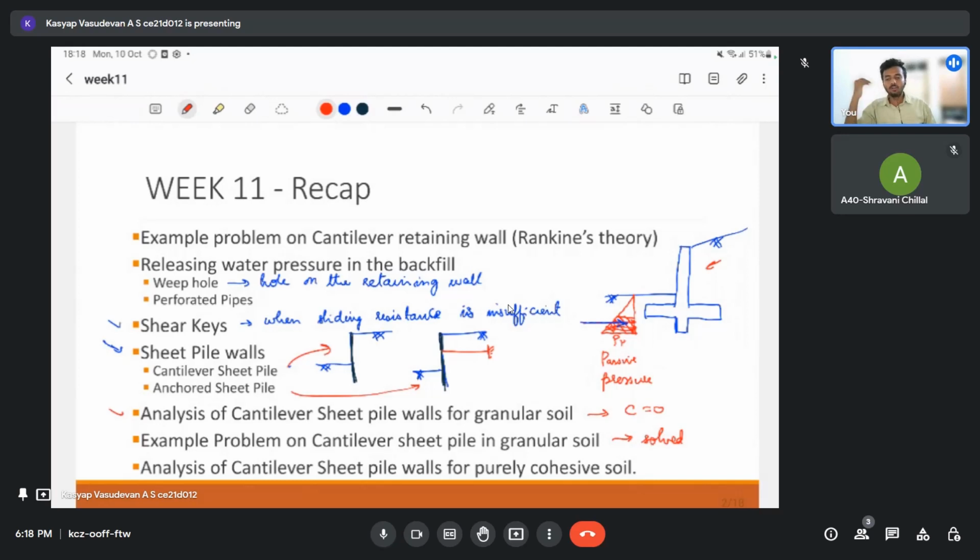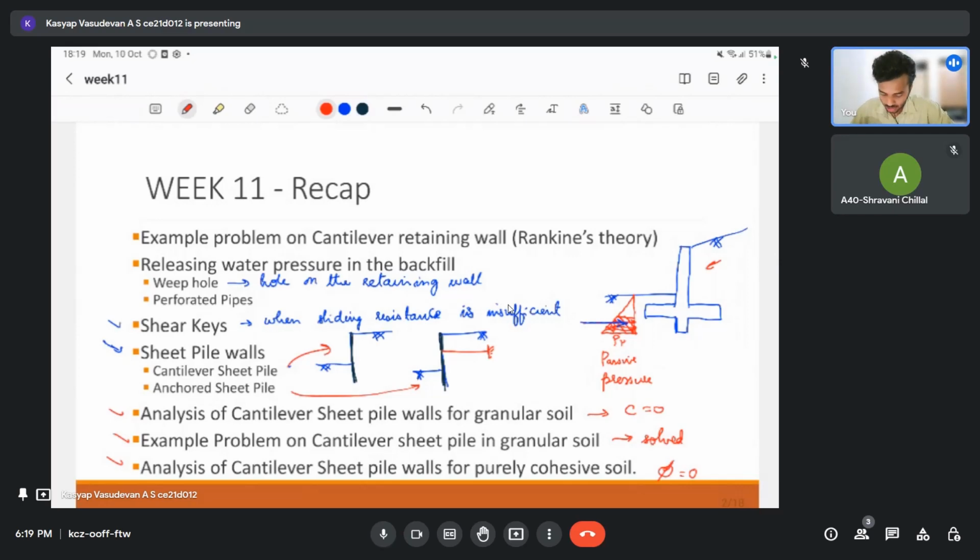And towards the end of the session, our instructor started solving analysis of cantilever sheet pile walls in purely cohesive soil. In this case, our angle of internal friction will be 0. So having said that, let us move on to today's problems.